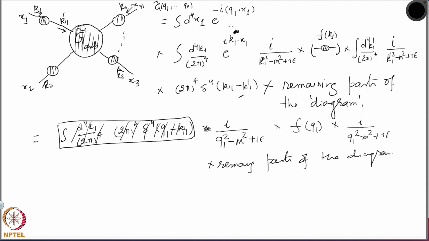So at the end I am left with two delta functions and two integrals, d4k1 and d4k1 prime. When I do those integrals over the two delta functions, neither should I have those integrals left nor the delta functions, and that is why you have this result. So this is fine, no problem here.